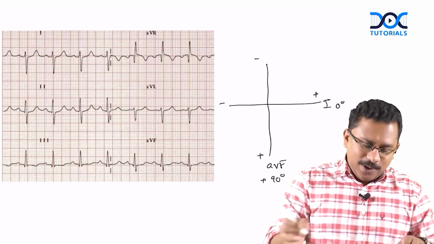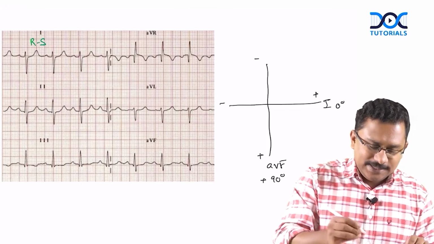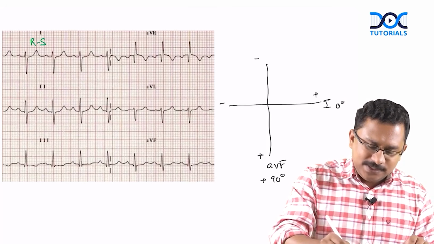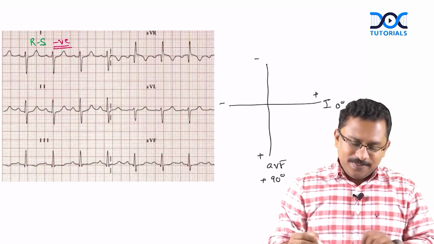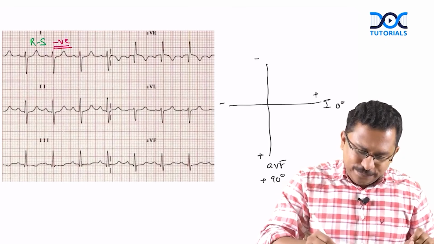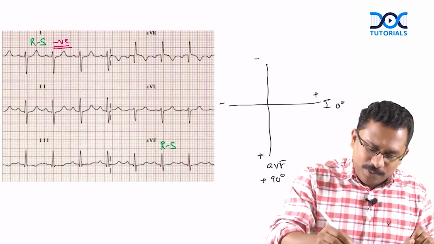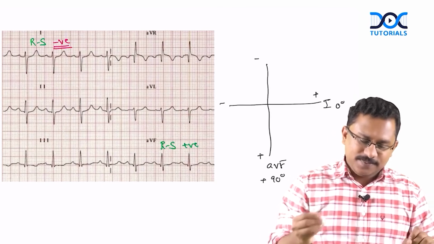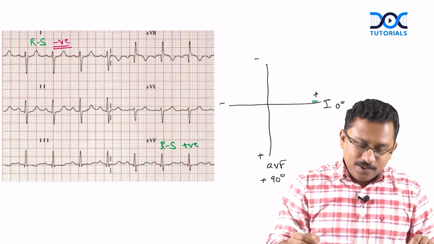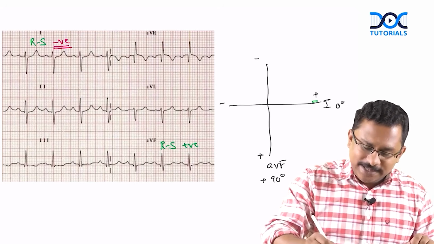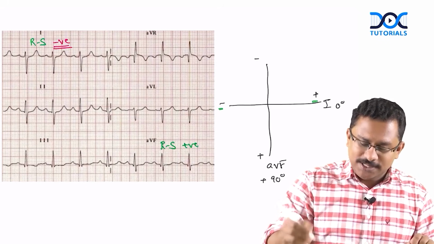Now look at lead 1 here. What do you think? The R minus S is very obviously going to be negative. And coming to AVF, the R minus S is again going to be a positive deflection. So lead 1 is negative, whereas lead AVF is a positive deflection.